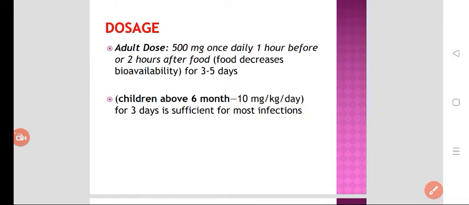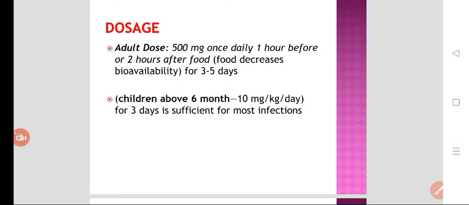Now, the adult dose is 500 milligram once daily, 1 hour before or 2 hours after food, because food decreases bioavailability, so it is given on an empty stomach, for at least 3 days, or maximum 5 days.